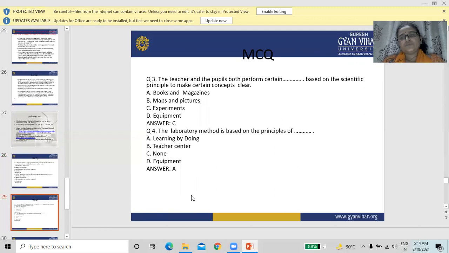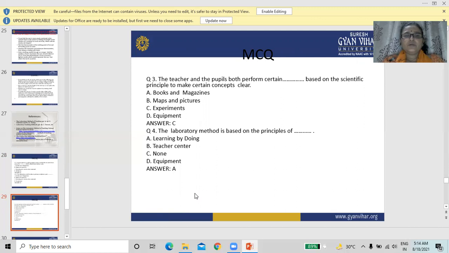Next MCQ. The teacher and pupils both perform certain blank based on the scientific principle to make certain concepts clear. Option A, books and magazines.